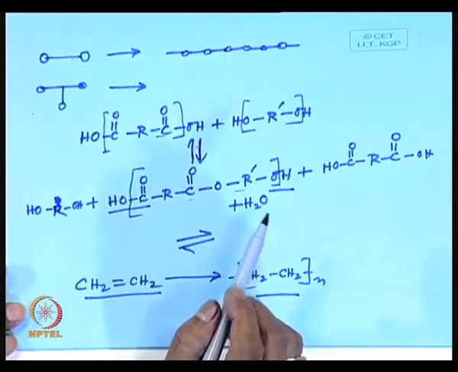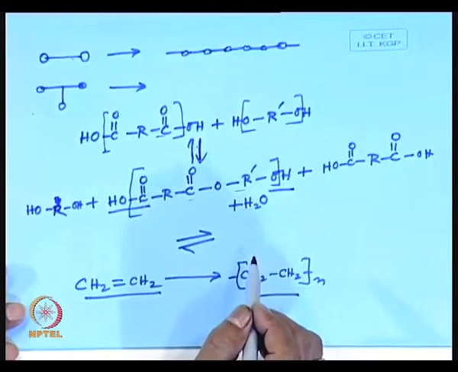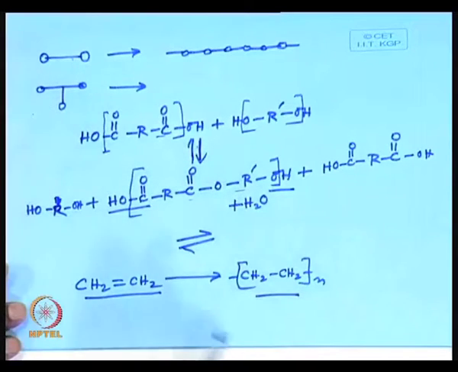Okay. So, in order to calculate the molecular weight of a polymer, how can you calculate in case of condensation polymer and in case of addition chain polymer? Here you see the calculation of molecular weight of addition chain polymer is very easy.